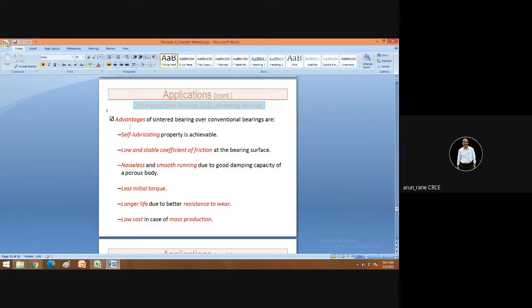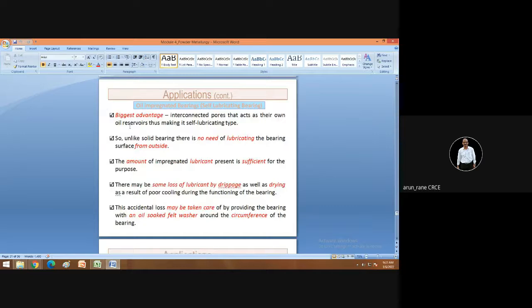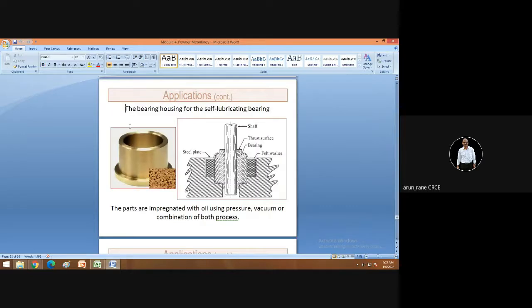So if the question is asked, discuss the application of powder metallurgy in context to bearing, then you have to describe only one application, that is in bearing, and you are not supposed to discuss any other application, because I have seen the question asked was like this: discuss the application of powder metallurgy in bearing industry.